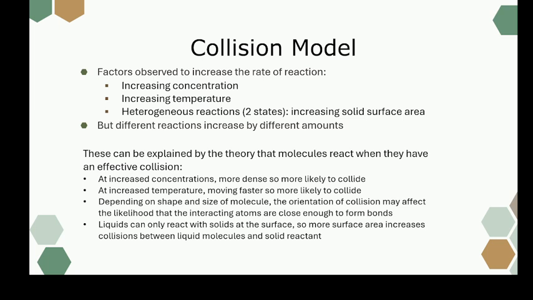Depending on the shape and size of the molecule, the orientation of the collision matters. They have to collide in such a way that the two parts of the two big molecules actually interact, so sometimes that affects whether they're close enough to form bonds. And so sometimes, as far as an effective collision, it depends on orientation or the shape and how they collide.